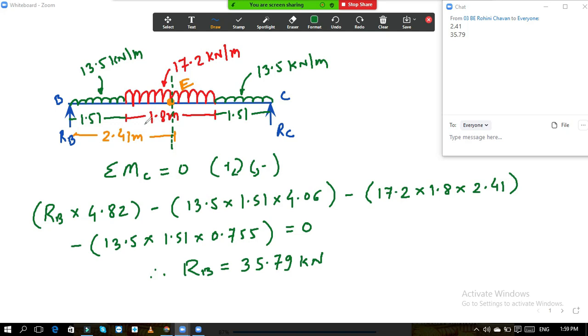Here the reaction RB is there, a UDL of 13.5 kilonewton per meter is there, and a UDL of 17.2 kilonewton per meter is there, but we need to consider half of the UDL as our point is at the center. So we are going to consider a length of 0.9 meter only instead of 1.8 meter. Now from point E, the distance of RB is 2.41.